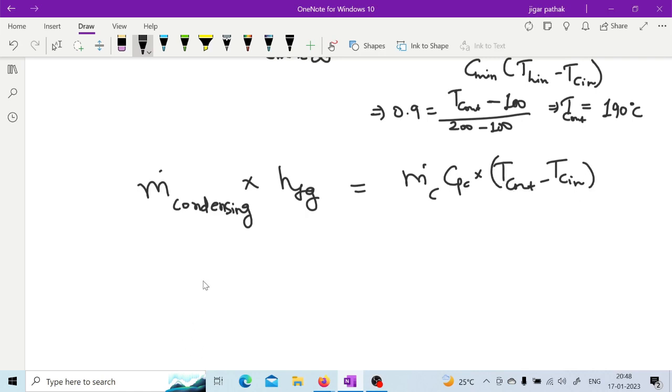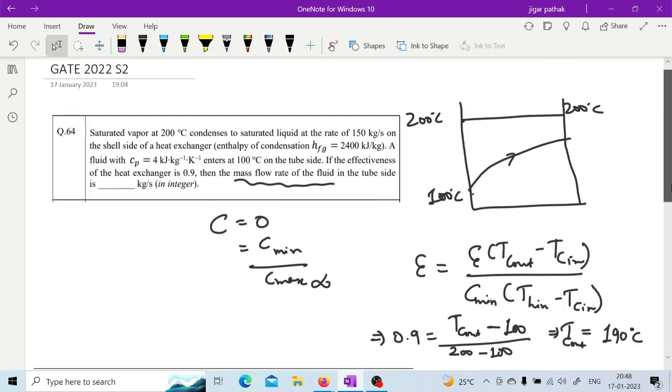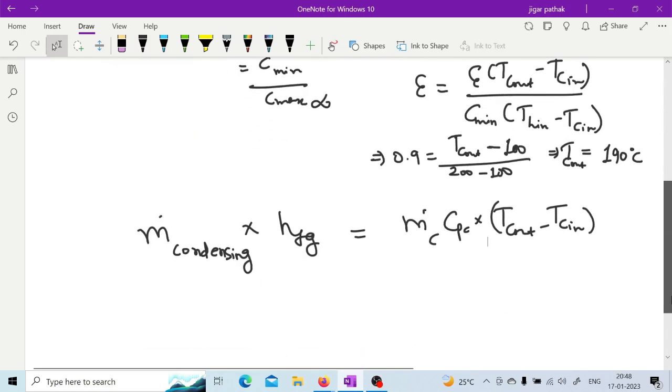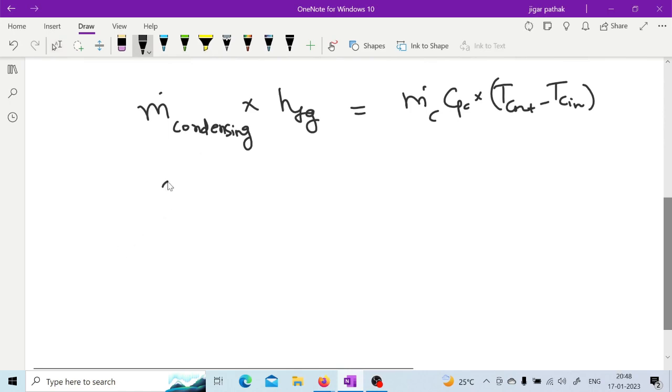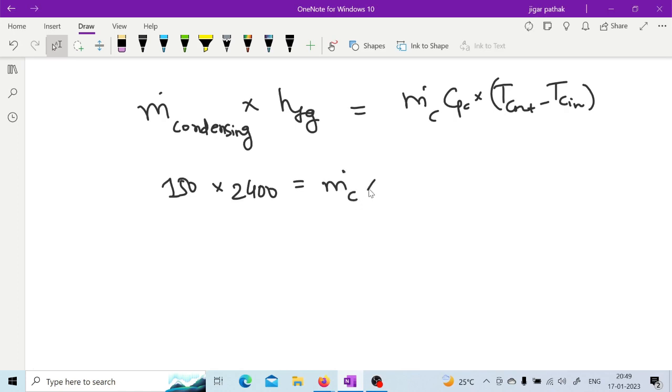For condensing steam, the mass flow rate is given as 150 kg per second. HFG is given as 2400. mc you have to calculate.